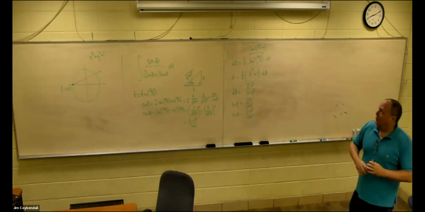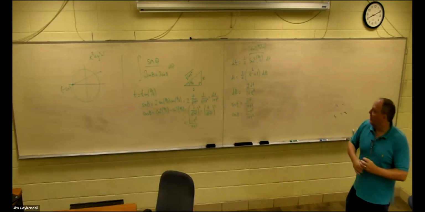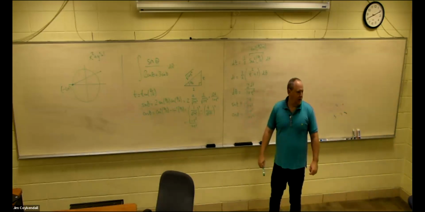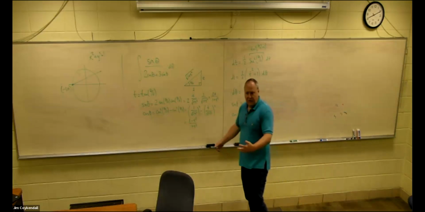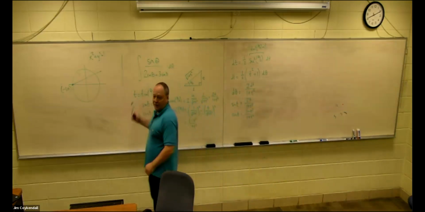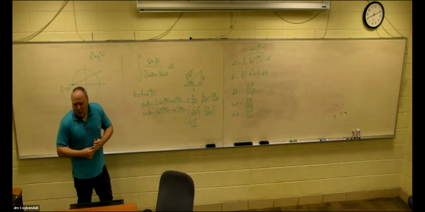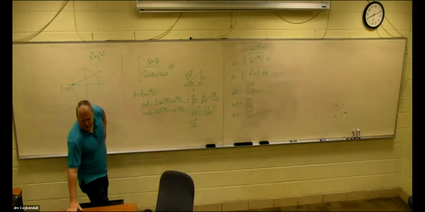And these relations might look familiar as you work through your problem. By the way, just for giggles, there's also a way that you can do it with the hyperbolic trigs as well. Okay, any questions on that?